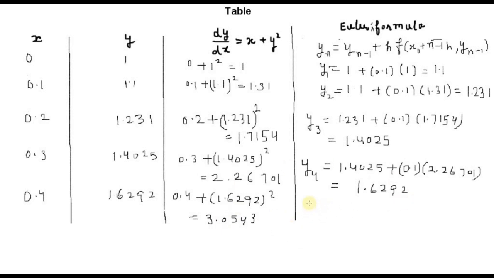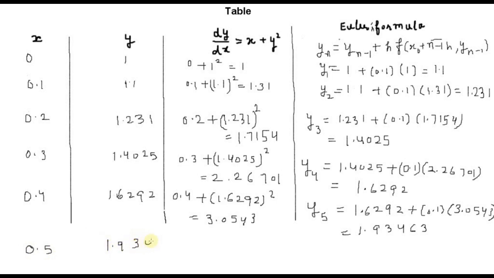And obtaining y5 here: 1.6292 plus 0.1 multiplied by 3.0543. This is equal to 1.93463, and so at 0.5, y5 is obtained as 1.9346 up to 4 decimal places.